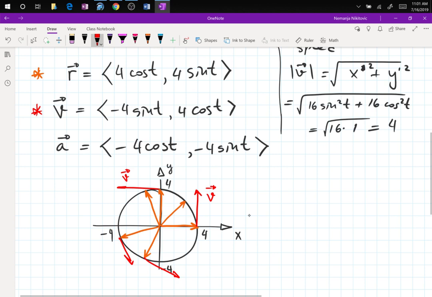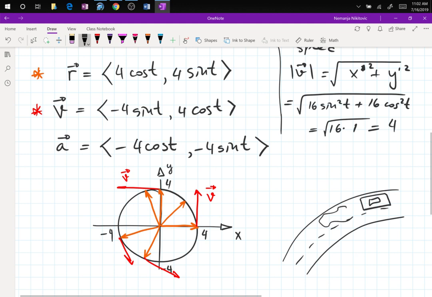You also see that it's tangential to the position, which is why, on a curved road like this, when a car is coming in and there is a smudge of water, oil, leaves, and it's frozen at the same time, if the car runs into this, it will go tangentially off the road.